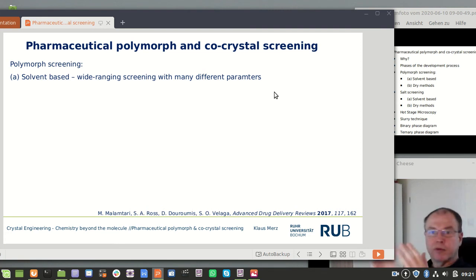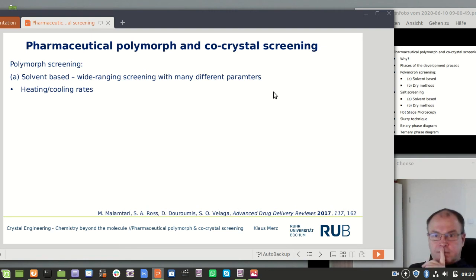For example, you have a compound which crystallized from, I don't know, ethanol. How can you study the crystallization behavior of your compound in solvent? Which parameters can you change?